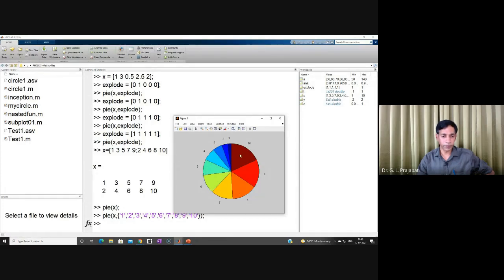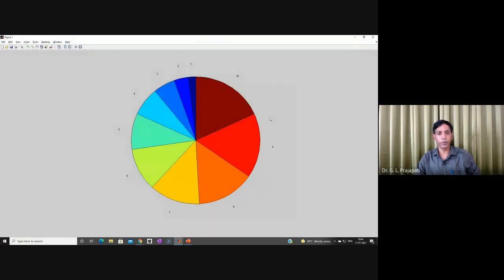This is the highest area, value 10. It goes anti-clockwise, moving from 1 through 10. If you have this kind of data, you can visualize it.